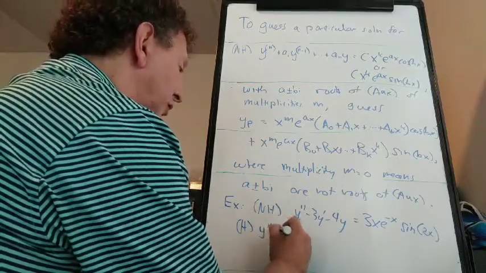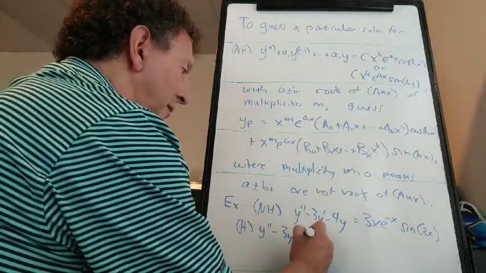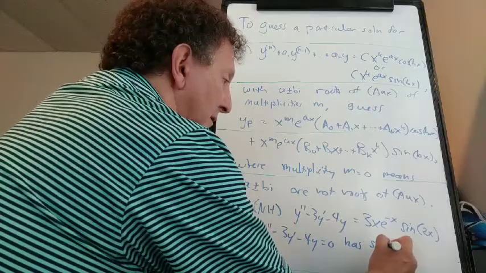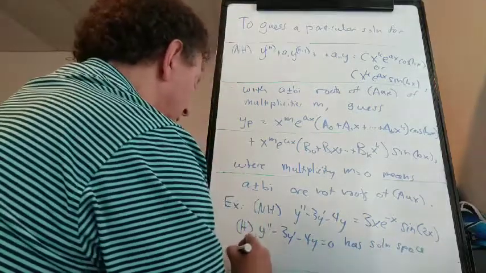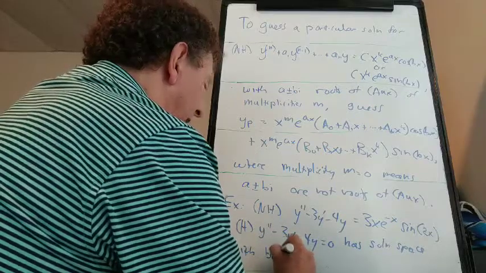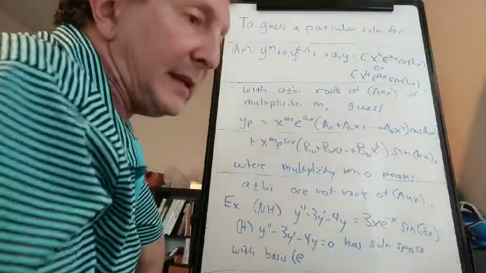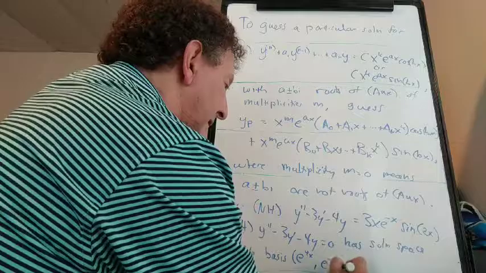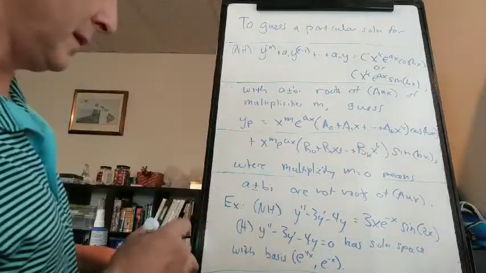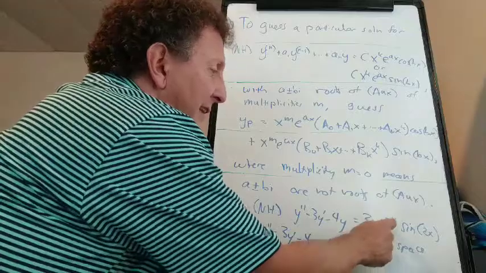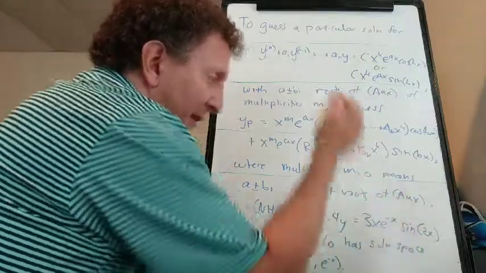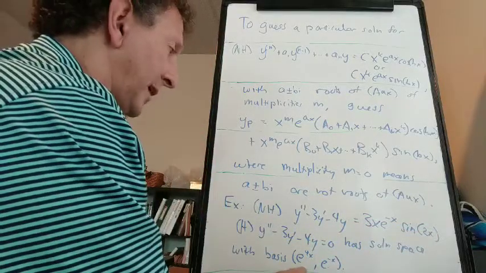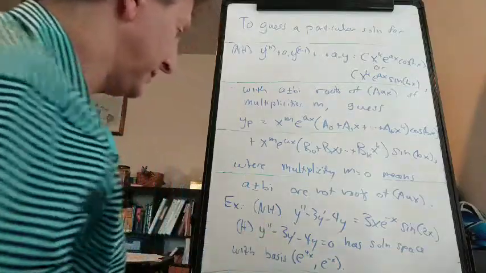Now the homogeneous differential equation, y double prime minus 3y prime minus 4y equals 0, has a solution space with basis e to the 4x and e to the negative x. Now, even though we've seen e to the negative x here, the fact that it's next to sine means that we're really looking for 1 plus or minus 2i as roots of the auxiliary equation.